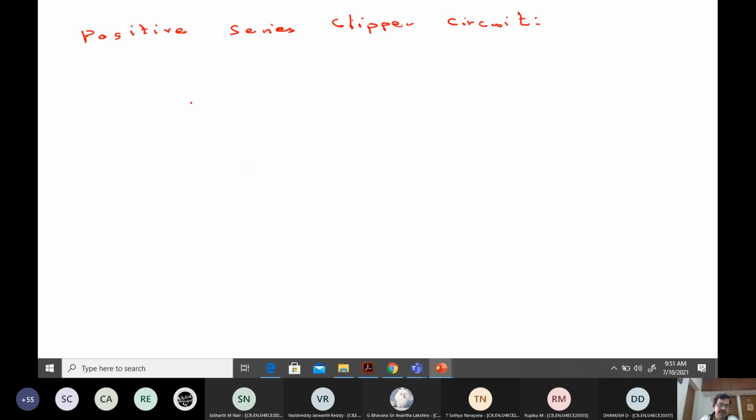Positive series clipper. For this, the way I connect. So what do I require to clip a certain portion?